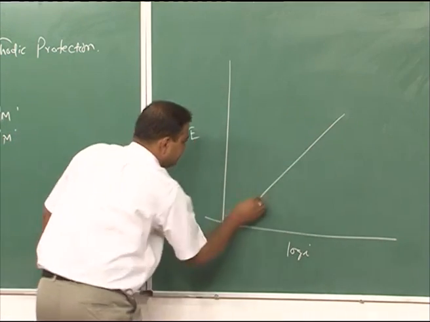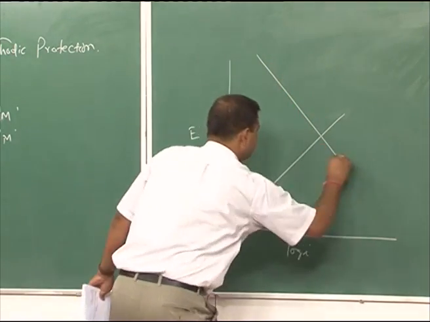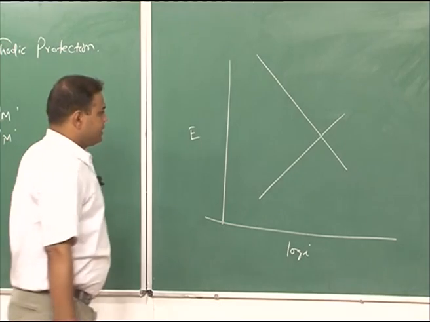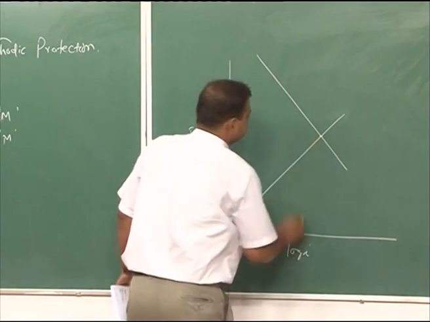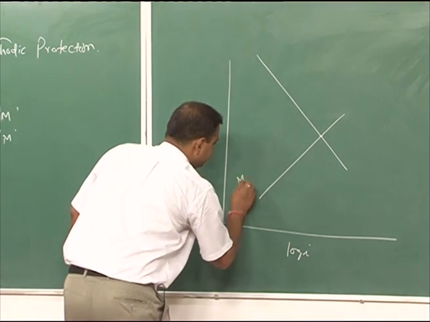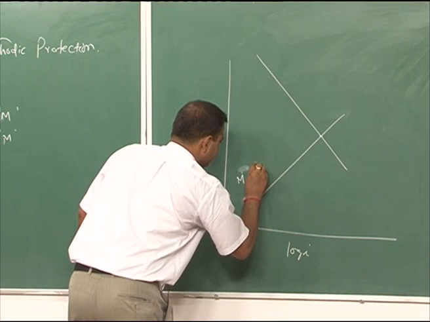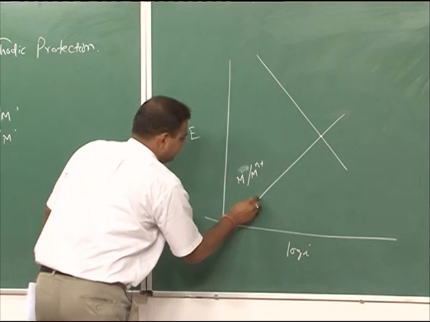This is my anodic polarization line, this is my cathodic polarization line. This is the free corrosion potential. Here, metal goes to metal ion plus n electrons; this is the anodic side.